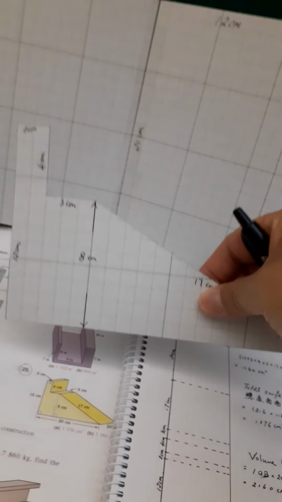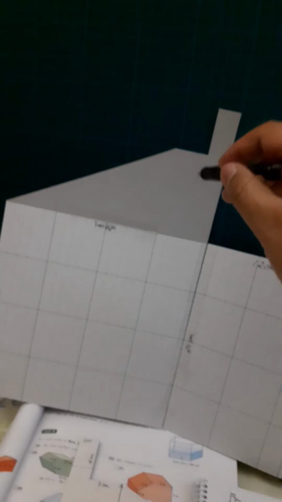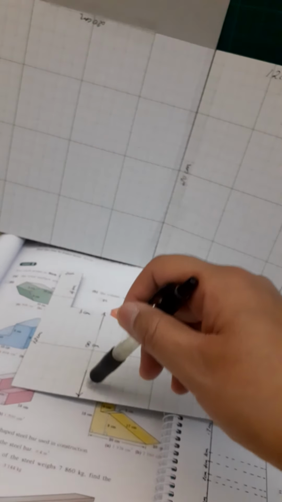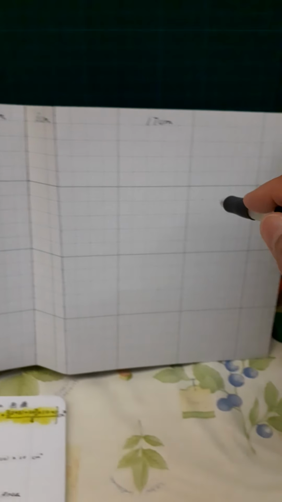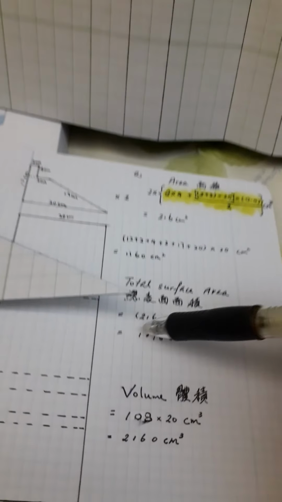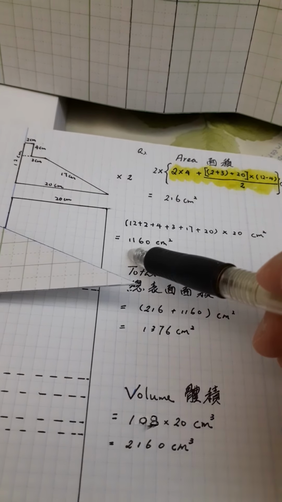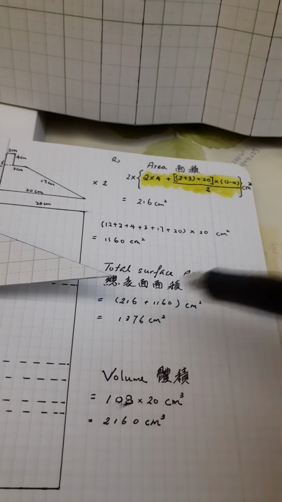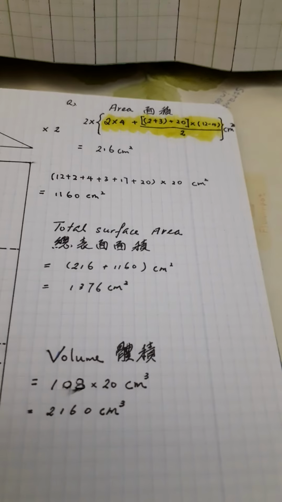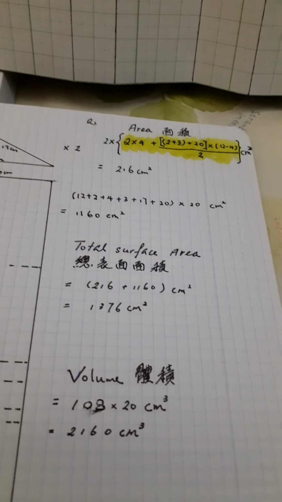This part, and all these. For these two together, just find 216. And for this one, which is 1160, add these two together, and then we can find the total surface area.